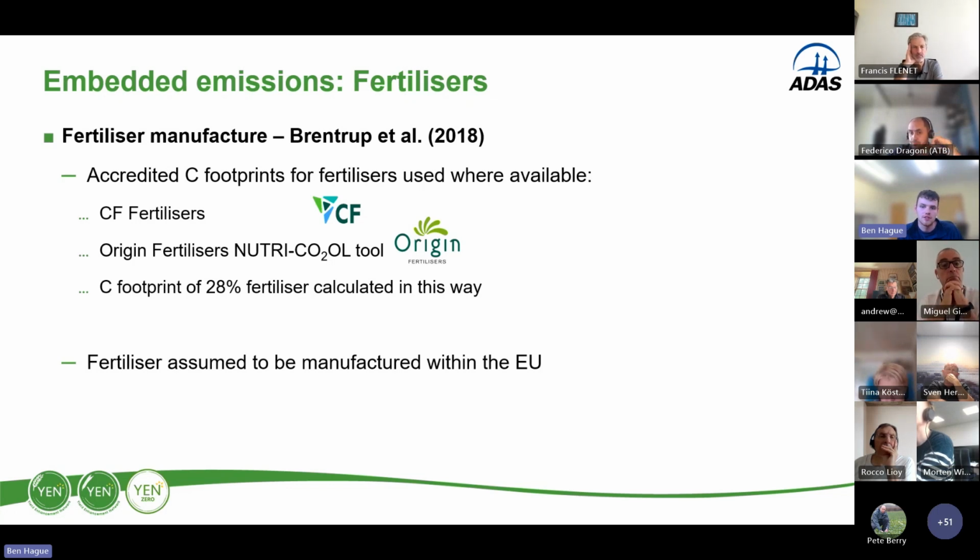For the remaining fertilizer, we get a carbon footprint from the peer-reviewed literature. One example here is Brentrup et al. 2018. This paper gives us an emission factor, so we can calculate the carbon footprint of applying different fertilizers. And we also assume that fertilizer is manufactured within the EU. It's worth noting that within the EU, all fertilizer manufacturers have abatement technology to reduce N2O emissions.